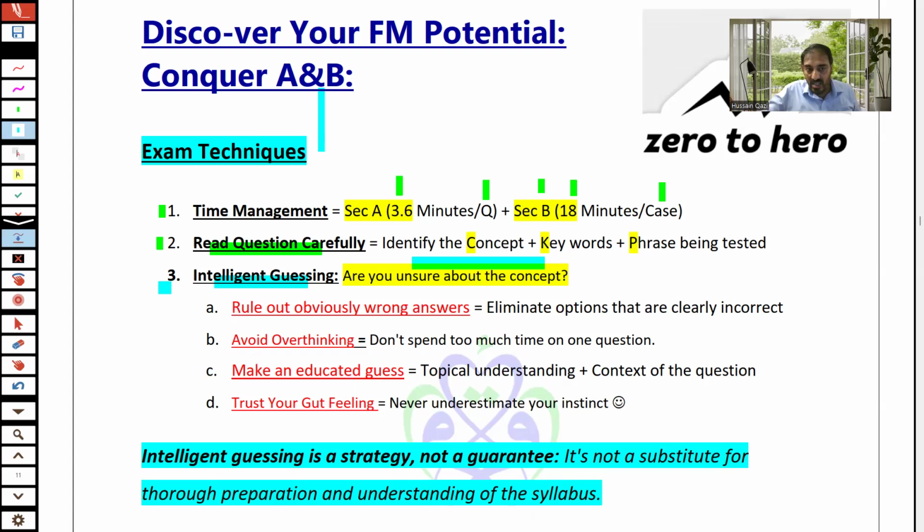Number 1, first of all, rule out the obvious wrong answer. Out of 5, you have identified 1 of the statements as obviously wrong. So eliminate options that are clearly incorrect.